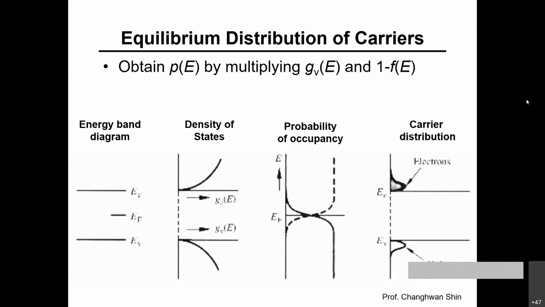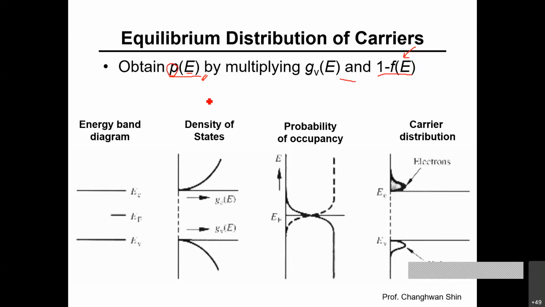Here the only thing that I have modified is, instead of N of E, I have used P of E, hole concentration as a function of energy. And instead of using the Fermi function, I have used 1 minus f of E, which means the probability of finding not an electron but a hole. So 1 minus f of E is the probability of finding a hole in the valence band.